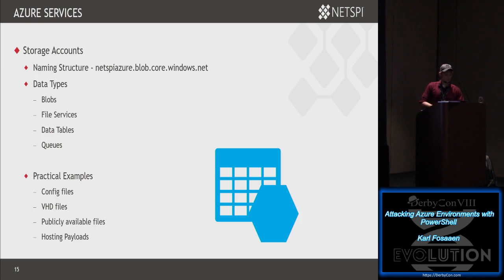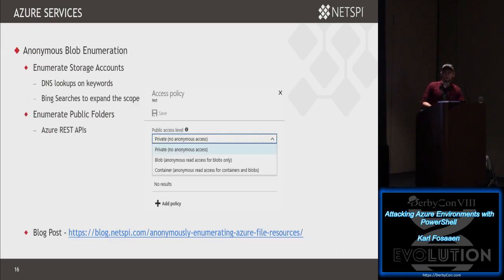So a lot of this can be done with Google dorking on blob.core.windows.net. I've actually got functionality built into the script to do Bing searches, because Bing's easy to do with PowerShell, to expand the scope a little bit. What this script will actually do is take a keyword. In the case that we'll show in the examples here, we'll just use Microburst and do a quick search for that.